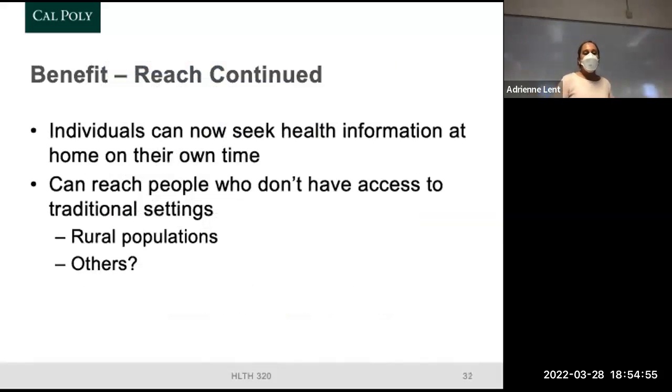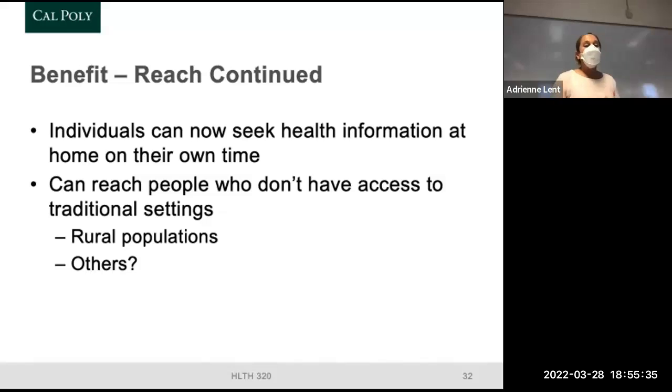So in terms of that benefit, individuals can now seek health information at home on their own time, right? Historically, health promotion was reserved for more traditional settings: community clinics, hospitals, educational settings, social service settings, and you had to physically go to a healthcare provider or one of these settings to receive face-to-face services. With limited resources, there's limited capacity in seeing people, right?